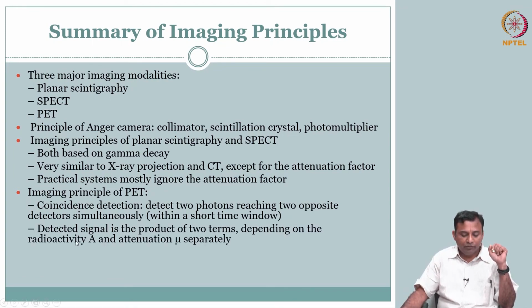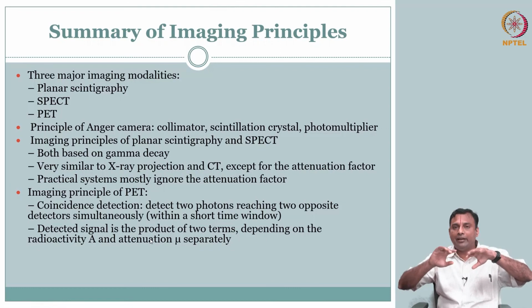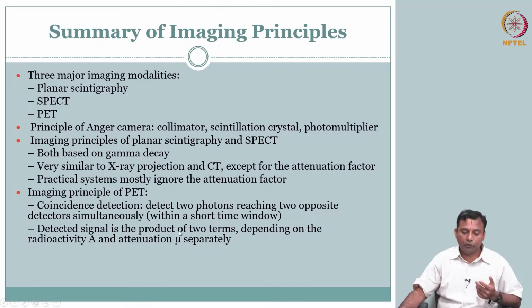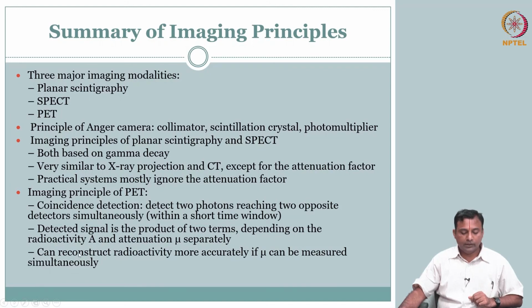So, once you have that, you can segregate your radioactivity terms and your mu terms. Therefore, you could correct here as well. Okay. So, simultaneously you can correct your A. So, you can get your PET corrected for your mu distribution.